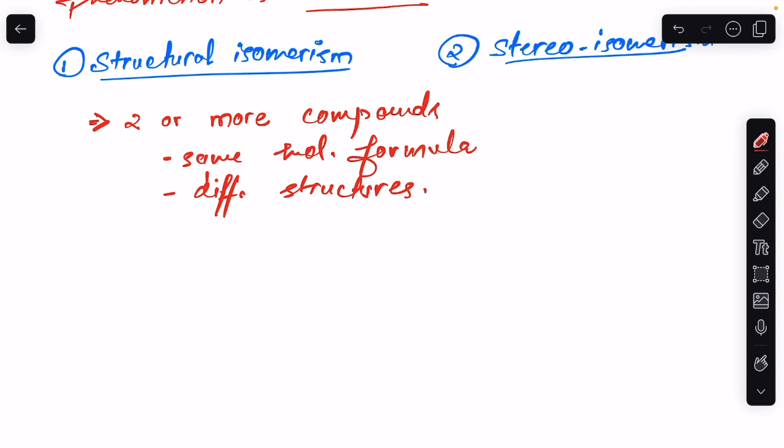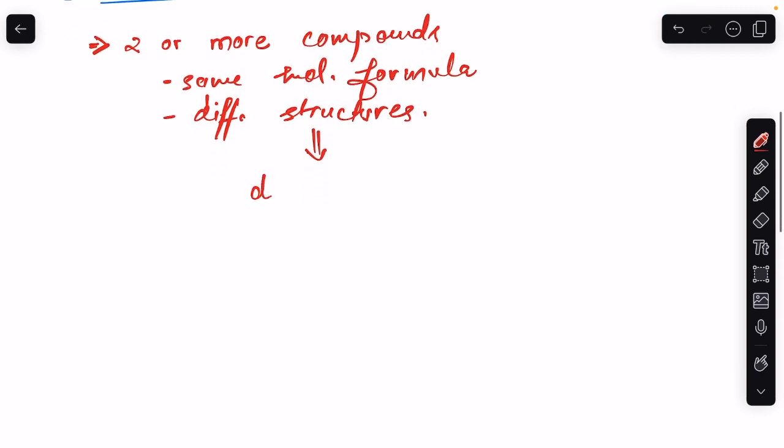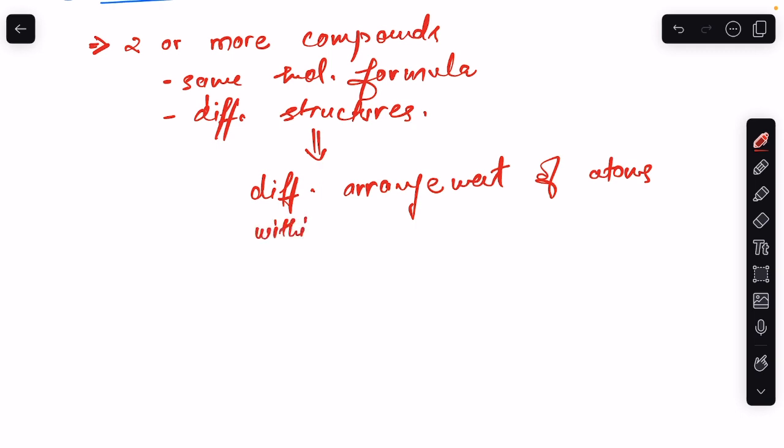That is different arrangement of atoms within the molecule.